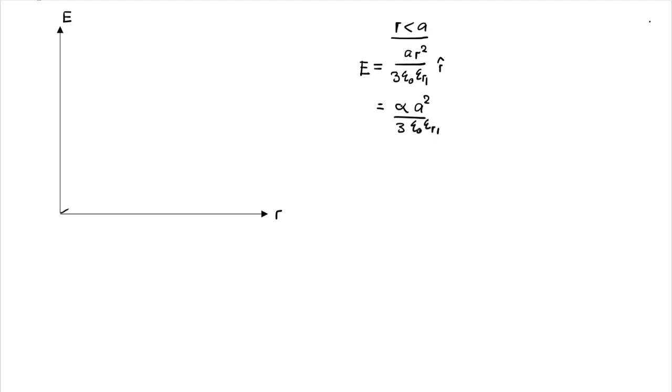So it will be something like this, going up in terms of a square function, and this one would be coming down this way, and that would be A. And from here we would just draw a dotted line so that we know that this is alpha A squared over 3 mu naught mu R1.